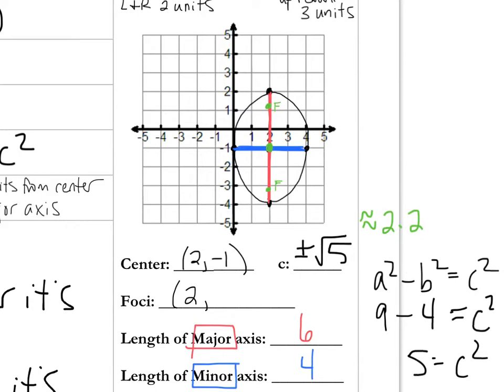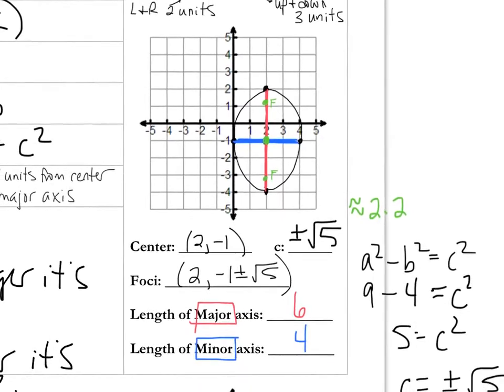So I'm just going to leave it as -1 plus or minus radical 5. Just look at the graph. You don't have to actually add the radical 5 as a decimal equivalent and give me 2 different points. When it's a radical like that, you can just leave it in radical form. So the y value was -1 plus radical 5 to get up to the top, and -1 minus radical 5 to get down to the bottom one. Okay, so it is a little bit confusing.